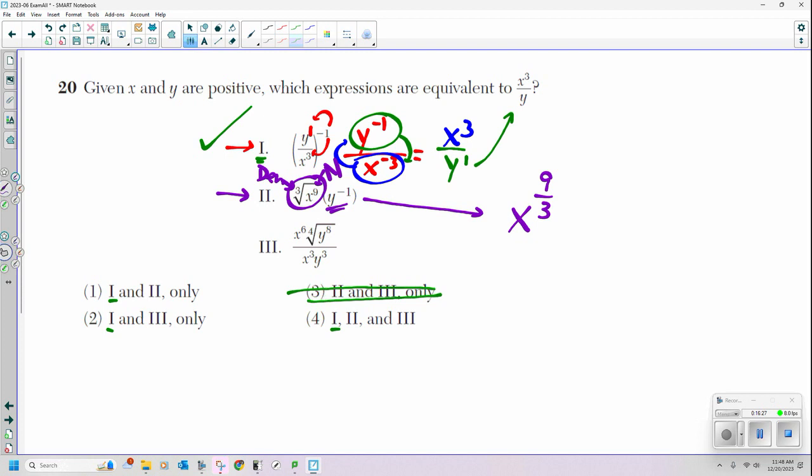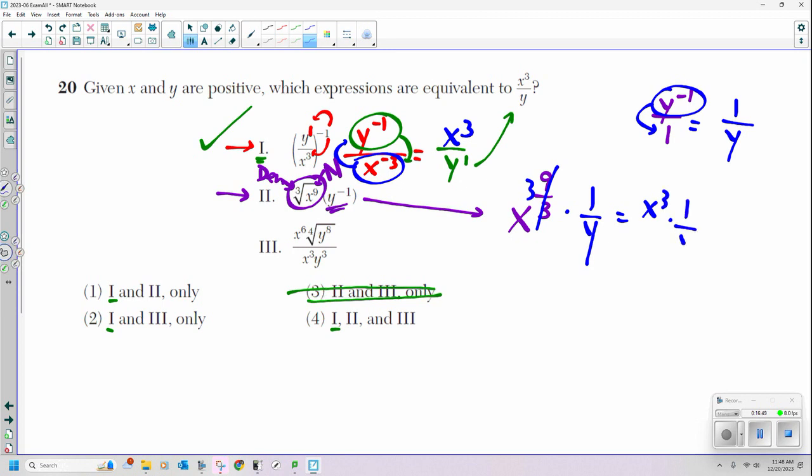If I have y to the -1, I need to flip it to make the exponent positive. So now I have 1 over just y. All right, well, hey guys, here's a little secret. 9 divided by 3 is 3. So I have x cubed times 1 over y. That's x cubed over y. Look at that. It's the same thing. Choice 2 works. So 2 should be my answer.